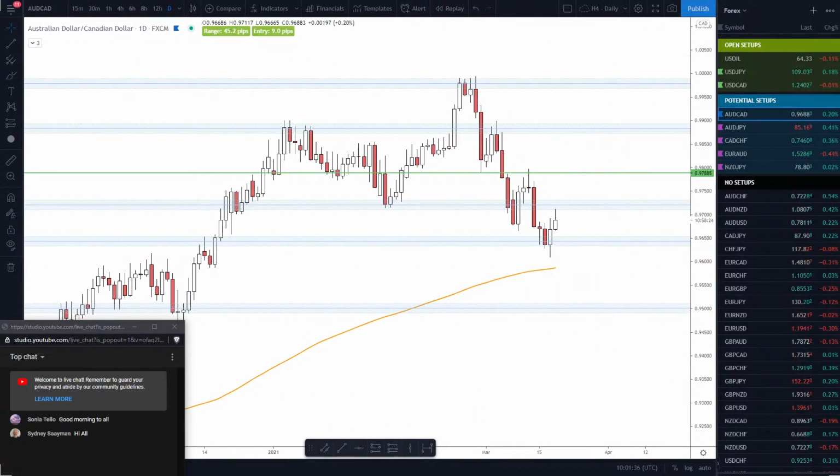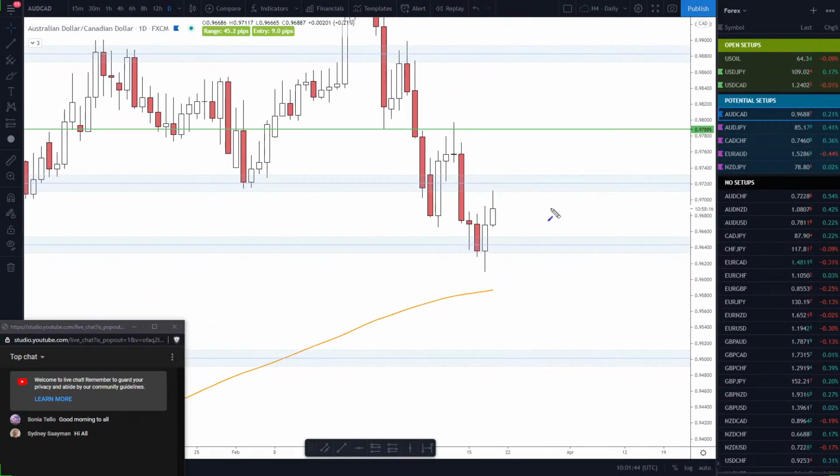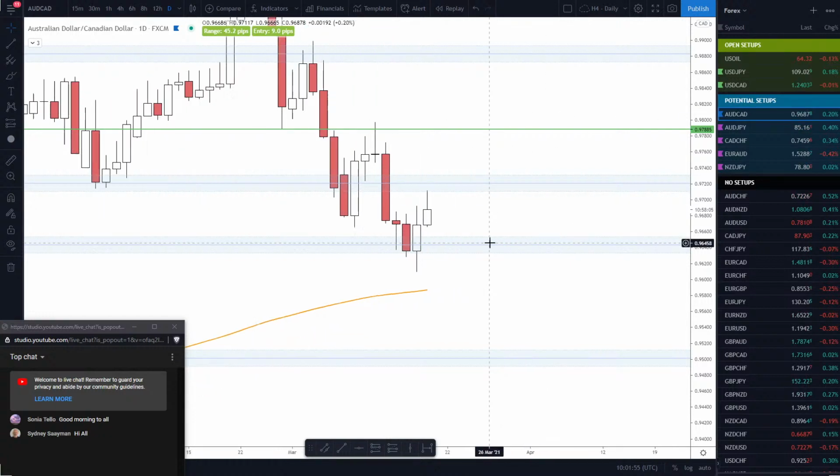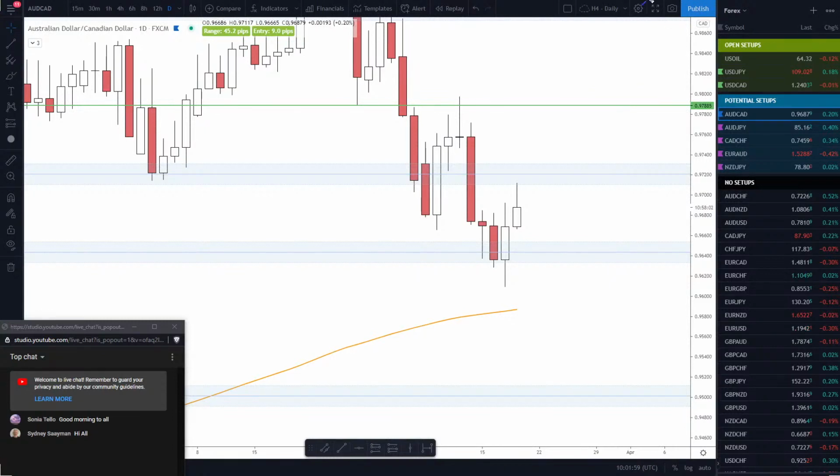Yeah, so basically we have a resistance area in the way of the AUDCAD setup. I know I shared this as a potential setup yesterday, but what I was hoping for was a very small indecision candle sitting on top of resistance.